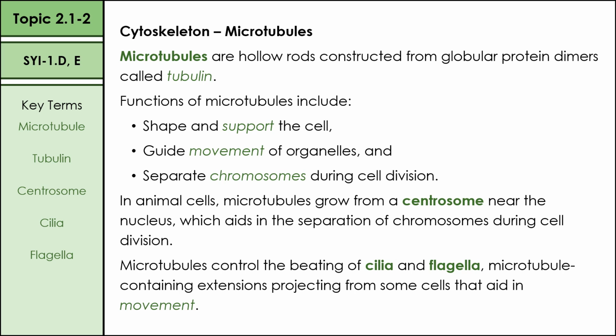So these microtubules in animal cells grow from another organelle that is not membrane bound called a centrosome. The centrosome aids in the separation of our chromosomes, and so we will touch back on our microtubules when we get to cell division in Unit 4.